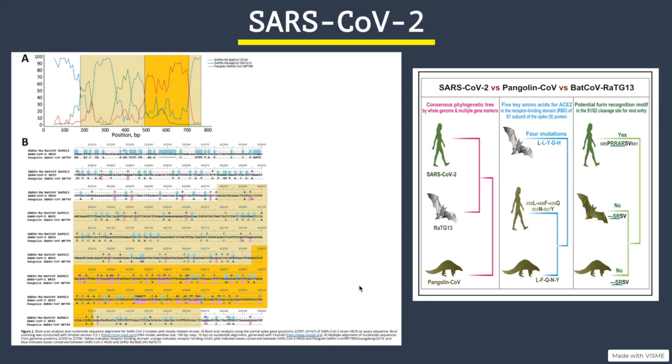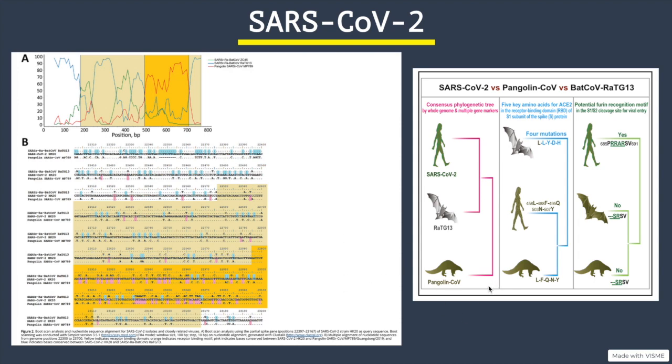What is believed because of this information is that a recombination event occurred with a pangolin coronavirus in the receptor binding domain region of the genome, which would explain why this region is more closely related to the pangolin coronavirus rather than the bat coronavirus.